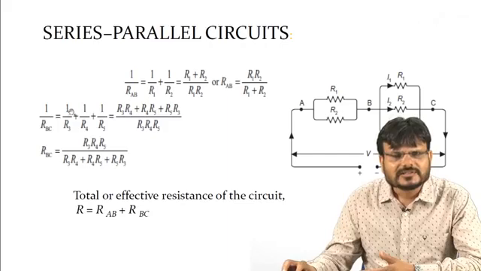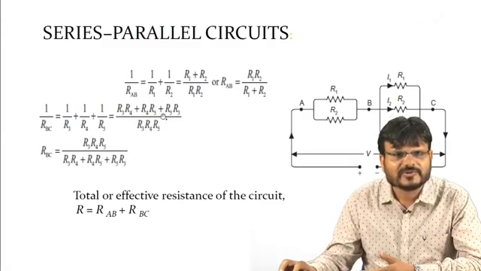So by taking the common denominator, this R3 R4 R5, it is R3 R4 plus R4 R5 plus R5 R3. So this is how you can find the equivalent resistance between B and C. So this RBC is equal to R3 R4 R5 upon R3 R4 plus R4 R5 plus R5 R3.